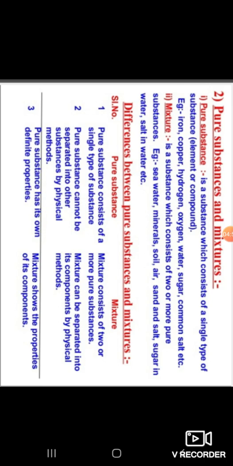How do you know something is a mixture? A mixture is a substance consisting of two or more pure substances, constituted by more than one kind of pure form of matter.